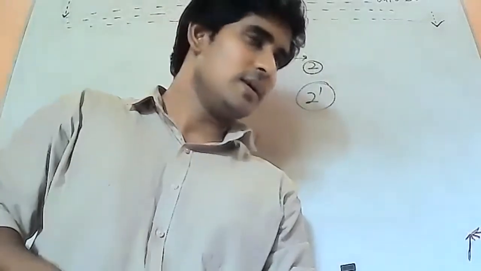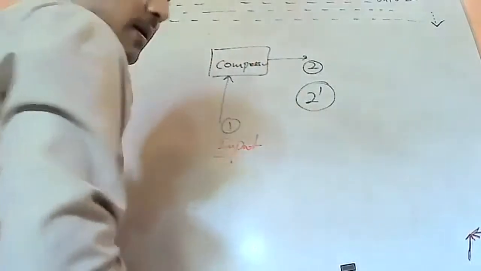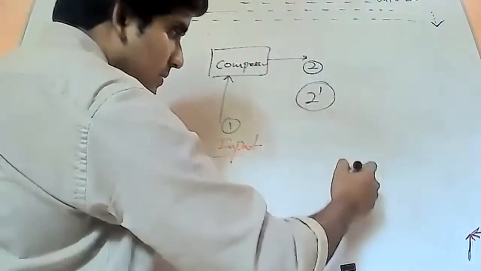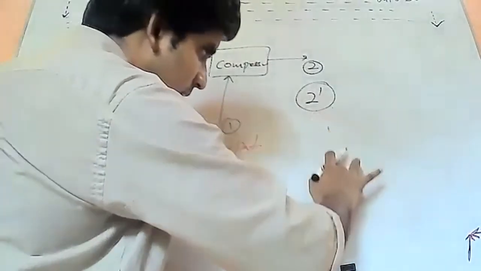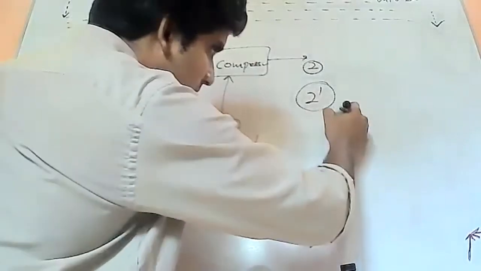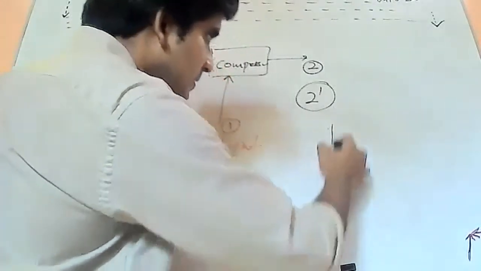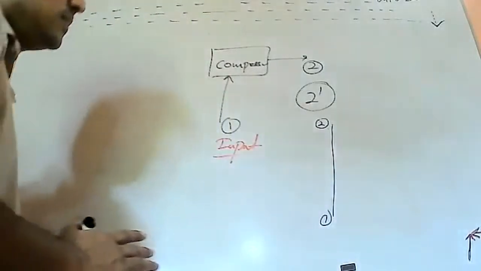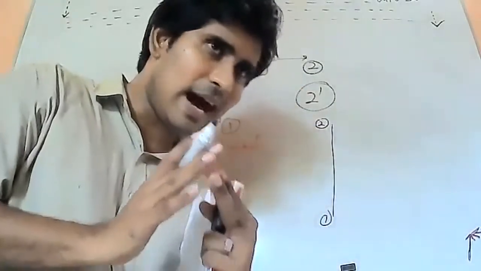Why? Because there's an efficiency. Okay, right. So now, according to the TS diagram, this is how we are going to sketch. I think I will sketch a straight line. So this is how we are going to sketch the compressor work, because this is 1, this is 2, under ideal condition.